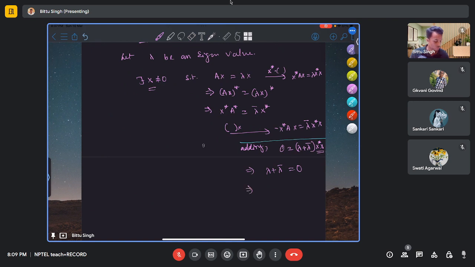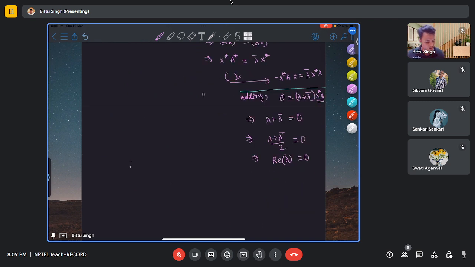So this will automatically imply lambda plus lambda bar is 0. This is the same as lambda plus lambda bar by 2 equal to 0, but this is actually the real part of lambda. Hence, lambda is purely imaginary. That is, there is no real part.